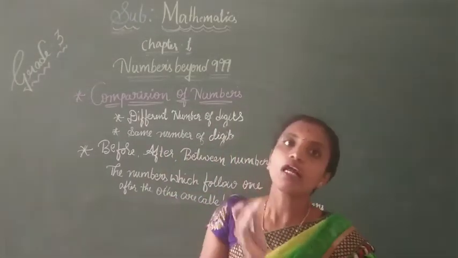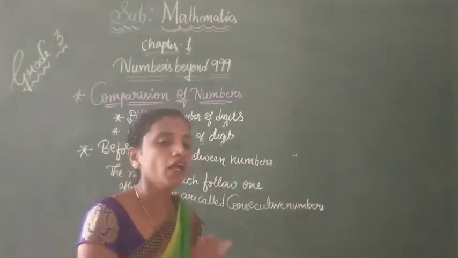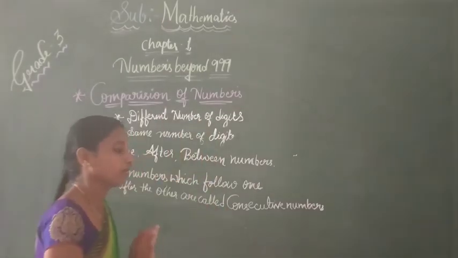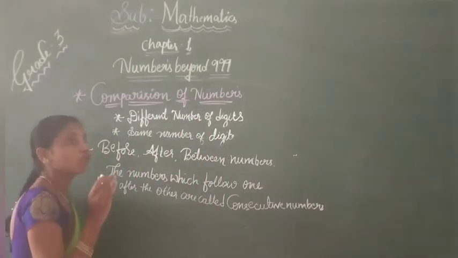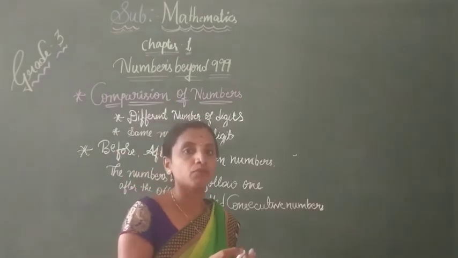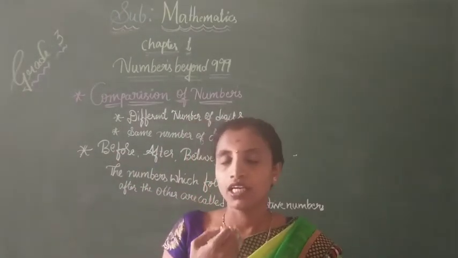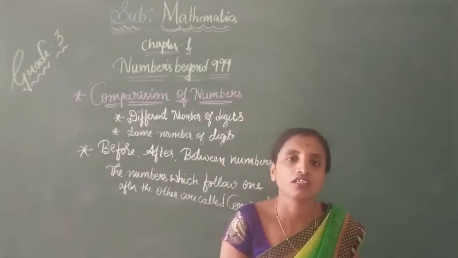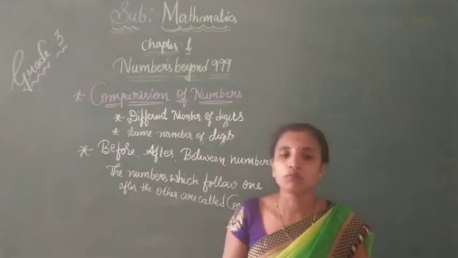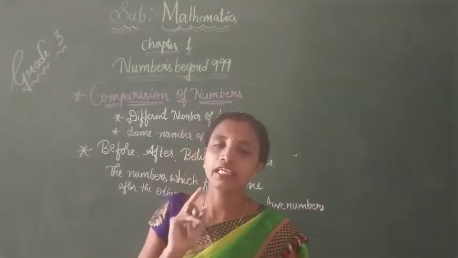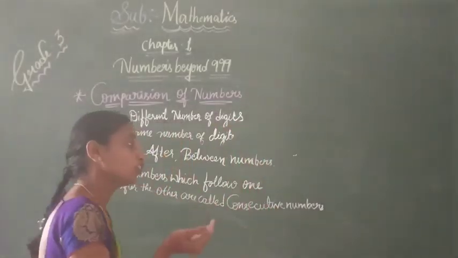A number one less than a given number comes just before. A number what? Repeat with me. A number one less than a given number comes just before.